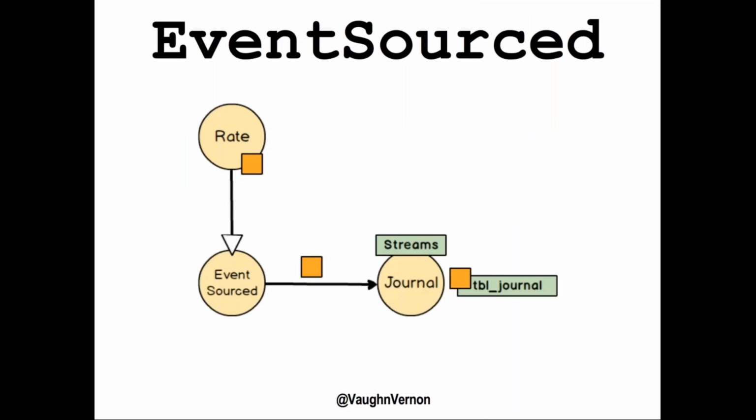For event sourced, again, we have the aggregate entity, and in this case, the aggregate entity will by and large emit or apply domain events to itself. The event sourced abstract base type is extended by the aggregate, and it will take care of interfacing with the journal, which handles streams.